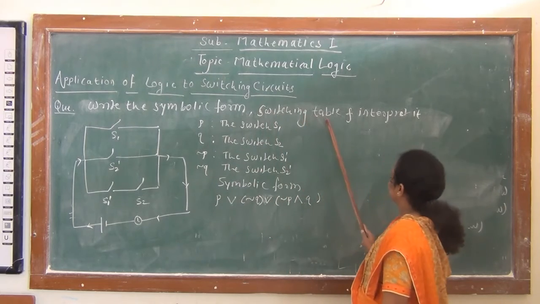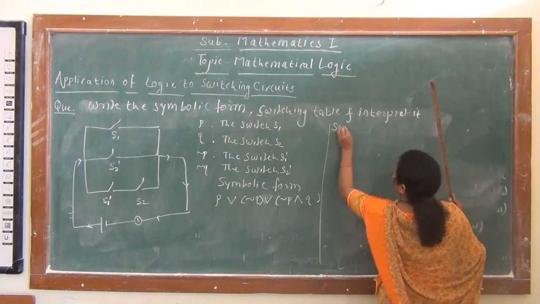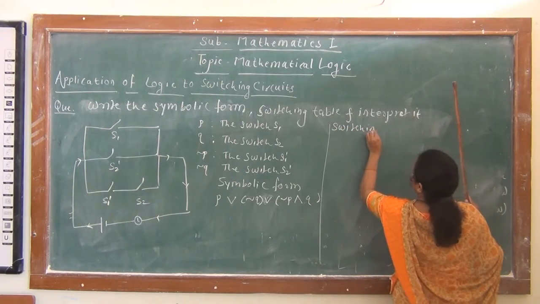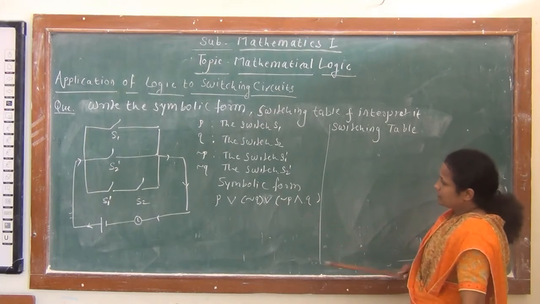Now we have to find the switching table. So next part is the switching table. For the switching table, first we prepare columns.